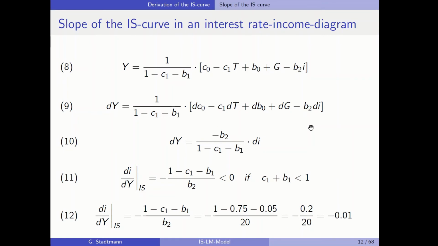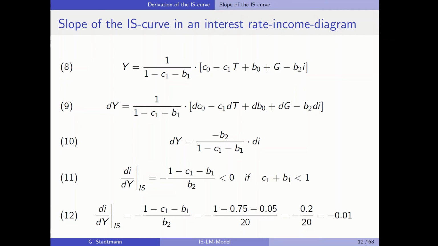So this is what we want to derive now in a formal way. Until now we worked in one numerical example, and we would like to determine those parameters which determine the slope of the IS curve. We proceed in the following way: we start with equation number 8, where we have isolated y on the left-hand side of the equation.